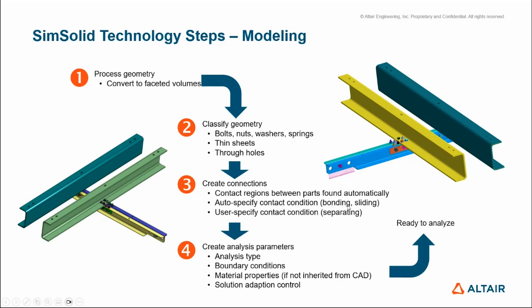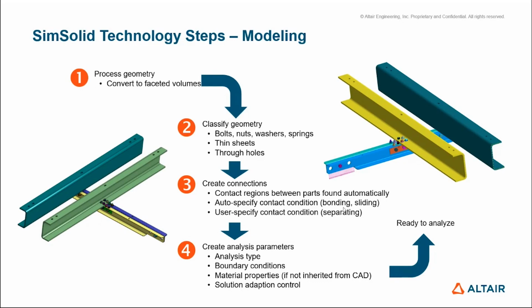And as I said, if there are bolts, it will automatically define where there's sliding between the interfaces of the bolt and the part. User specifies contact condition, separating. That, as I said, is a non-linear type simulation where you've got separating of the parts.